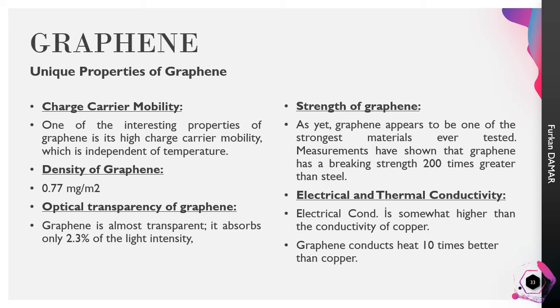And the strength of graphene. As yet, graphene appears to be one of the strongest materials ever tested. Measurements have shown that graphene has a breaking strength 200 times greater than steel. And conductivity. Electrical conductivity is somewhat higher than the conductivity of copper, and graphene conducts heat 10 times better than copper.